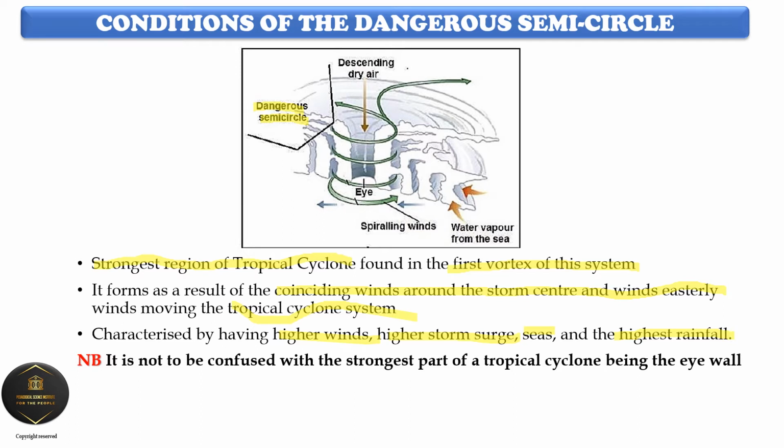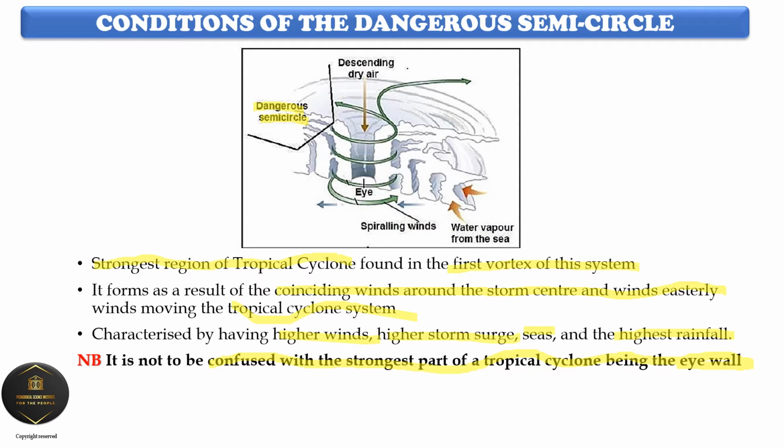So remember that the dangerous semicircle or dangerous quadrant should not be confused with the other strongest part of the tropical cyclone, being the eye wall. The eye wall and the dangerous quadrant are not the same thing.